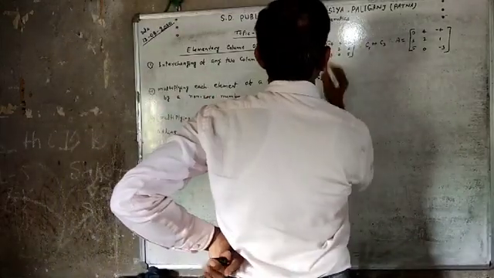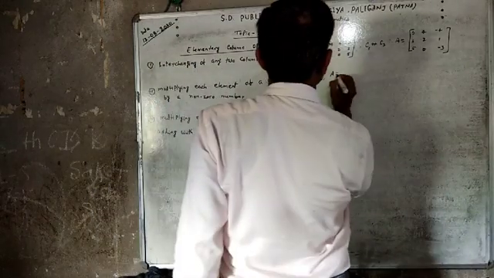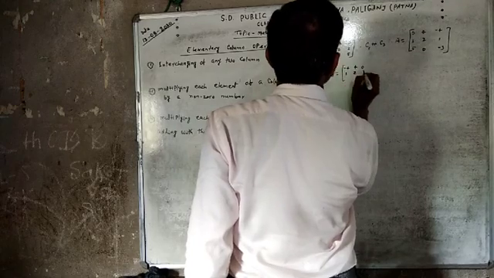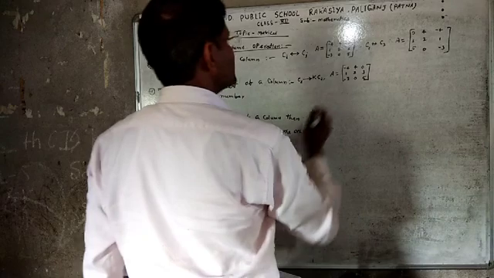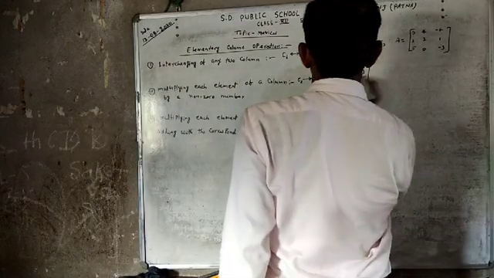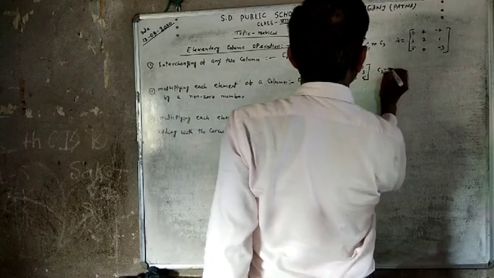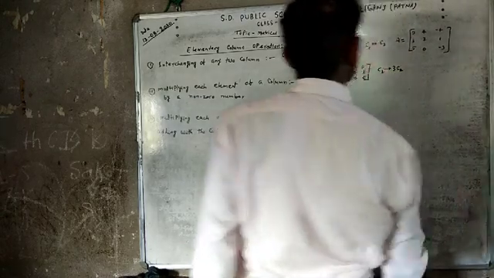Suppose A is given as the above matrix: -4, 4, 0, and 1, 2, 3, and -3, 0, and 5. And we want to interchange C2 by 3C2.